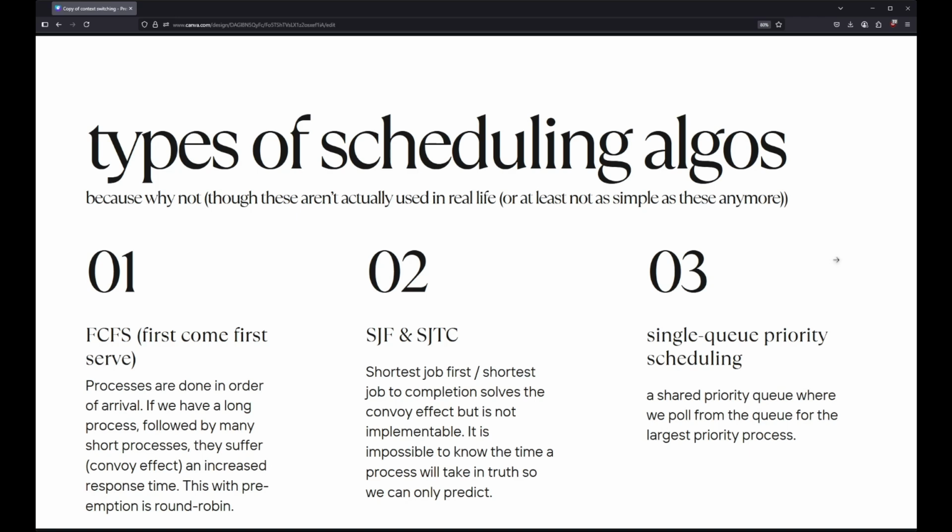Let's see what's happening in the chat though. If preemptive algorithms are implemented poorly, then a non-preemptive alternative could be better, I think. Yeah, that's true. But it could be better if a poor quantum time is chosen for round robin, for example. Exactly.